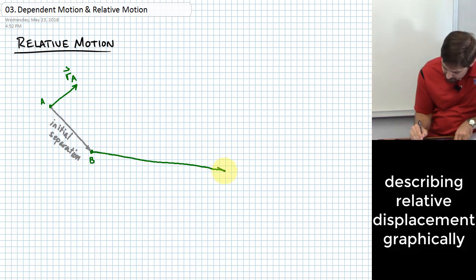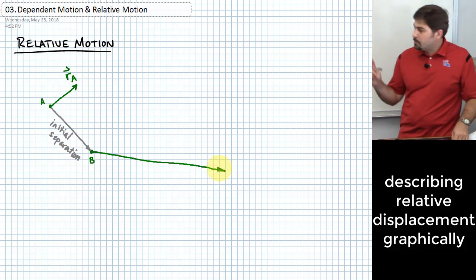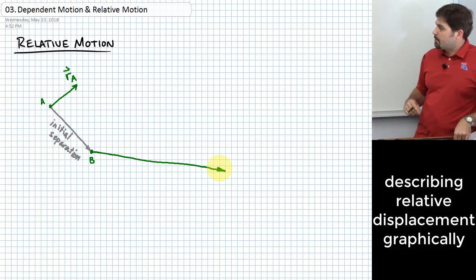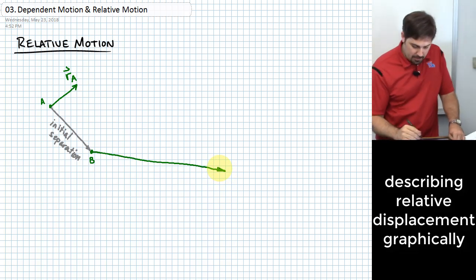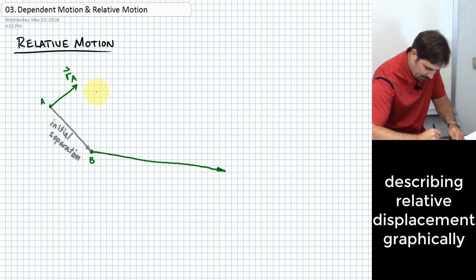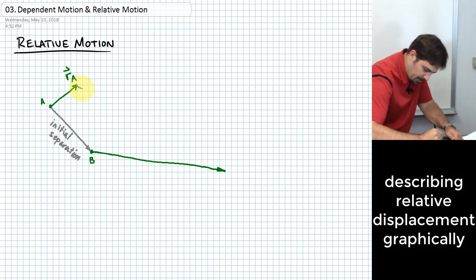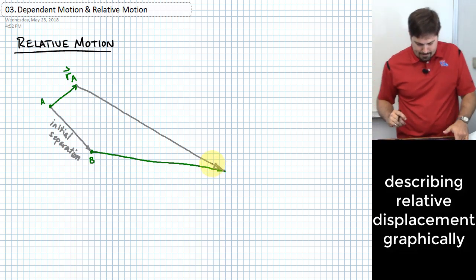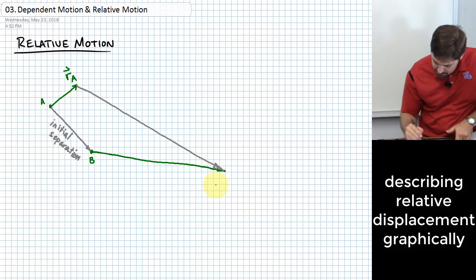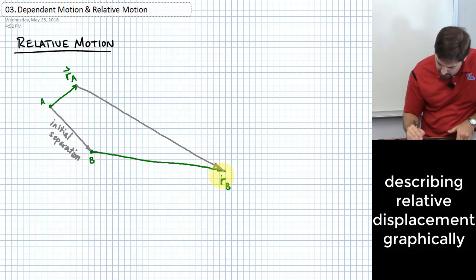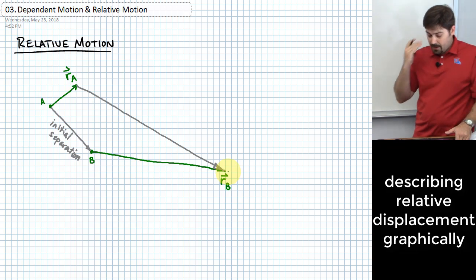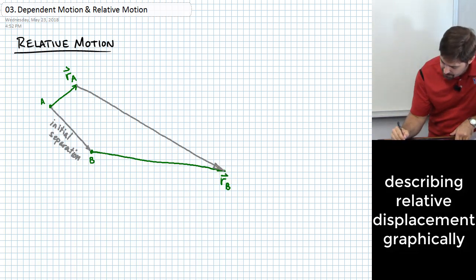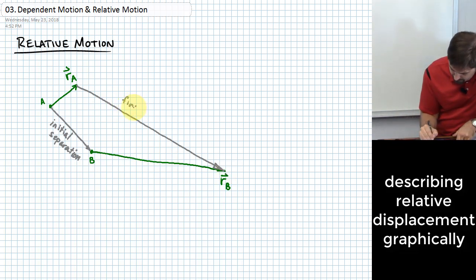Well, the final separation, you look at the end of the 2 changes in position that happen for A and B, and you'll find another vector that extends from here out to there. Okay, so this down here was R sub B. Okay, and so this is at the final position. This is our final separation.